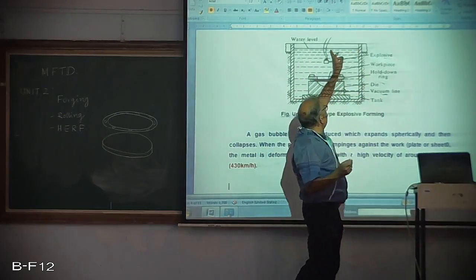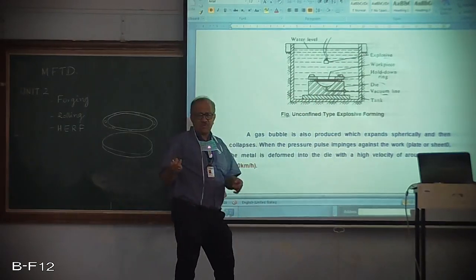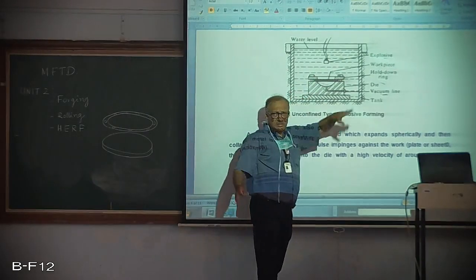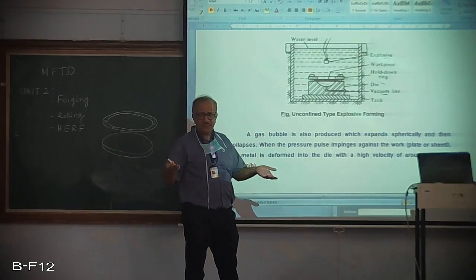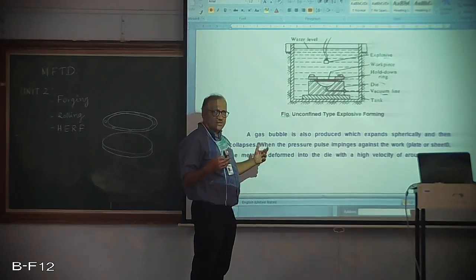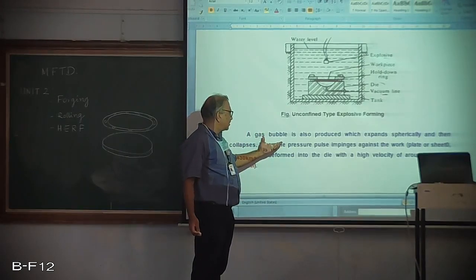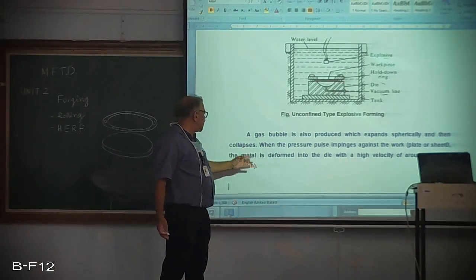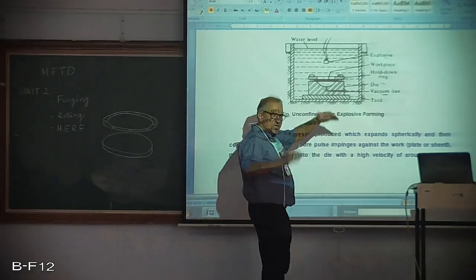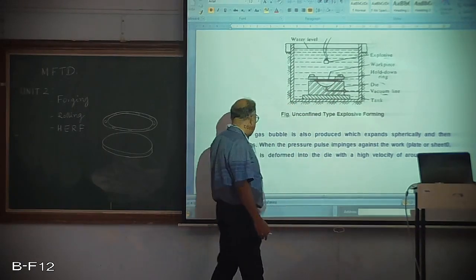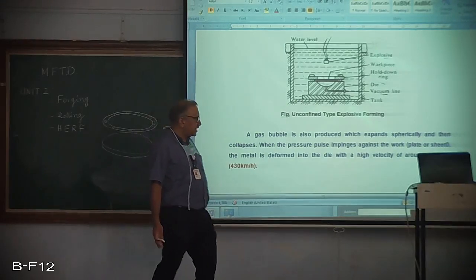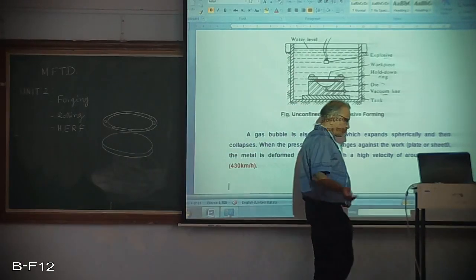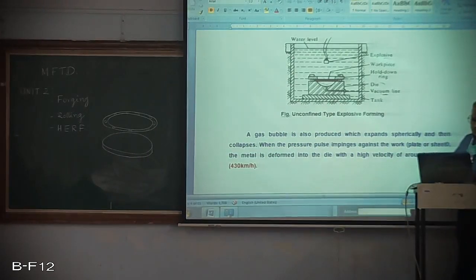There is an electric circuit required here, which is in place, and when the circuit is switched on, the explosive is detonated, and that produces a shock wave, in the form of a bubble, which very rapidly expands and impinges against the workpiece and instantly deforms the metal at a speed of around 120 meters per second, or around 400 plus kilometers per hour.